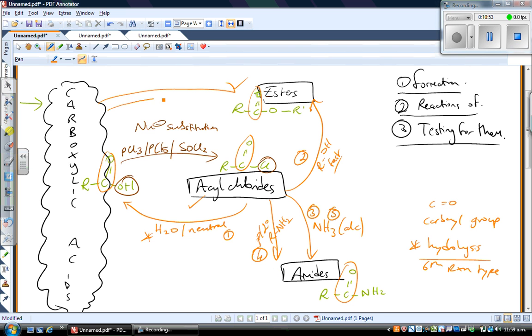So on my original poster, I really should have had reversible arrows. You use an alcohol, and because this reaction is so slow, you also need to help it out with sulfuric acid, which acts as a catalyst, and also as a dehydrating agent, because you lose H2O in the process, and we'll take a look at that now in detail.